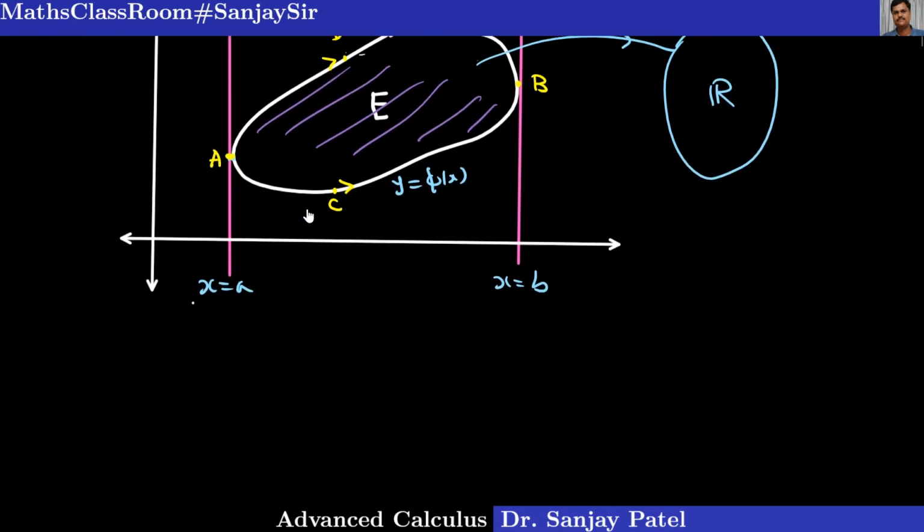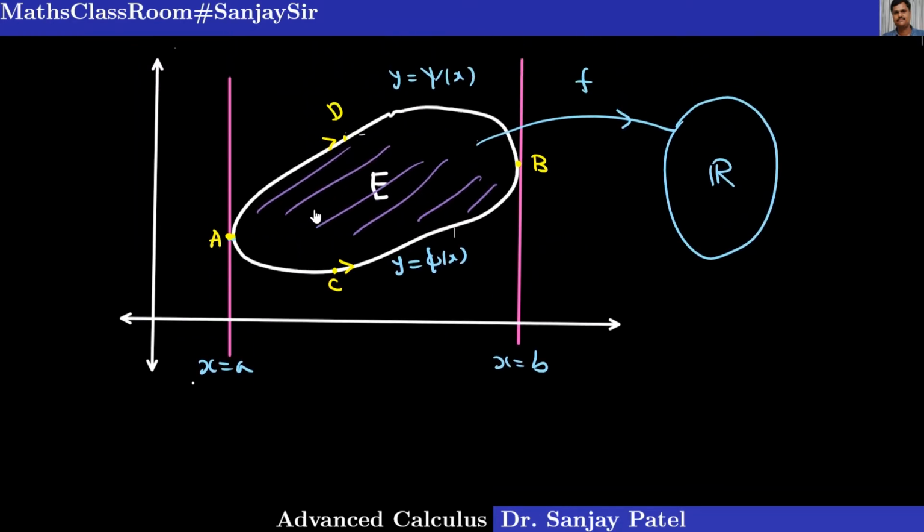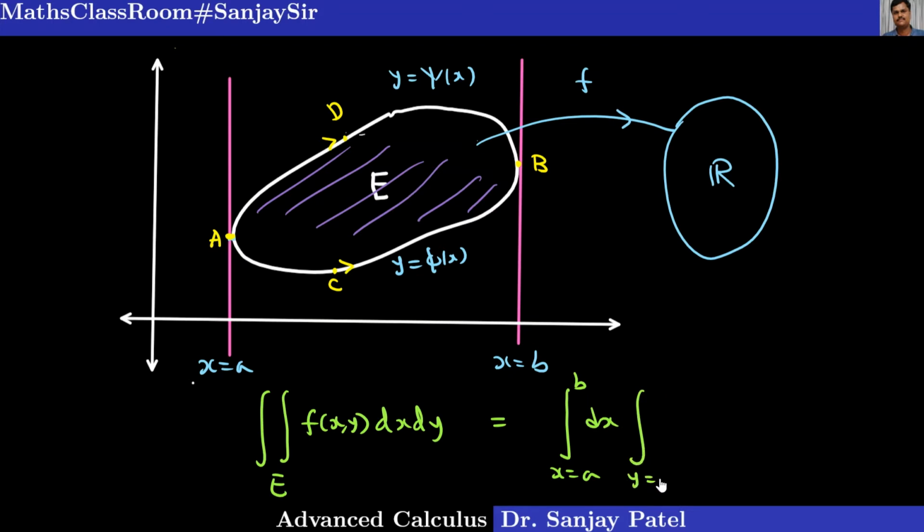Whenever a region of integration is like this, the double integral over the closed and bounded region E of the given function is given by the repeated integral, x equal to A to B dx, and y equal to phi of x to psi of x, f of x comma y dy.